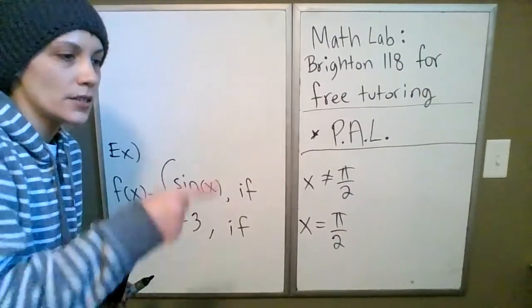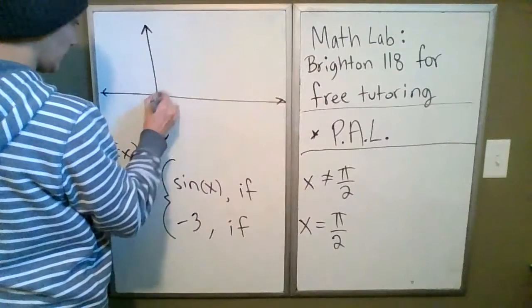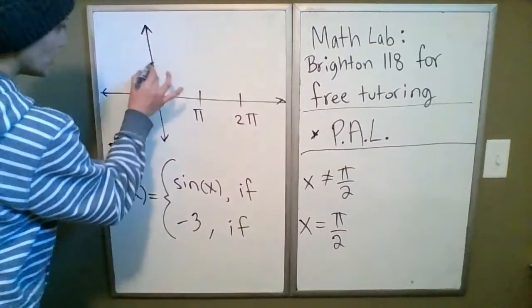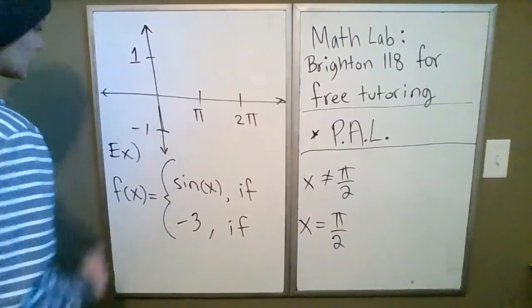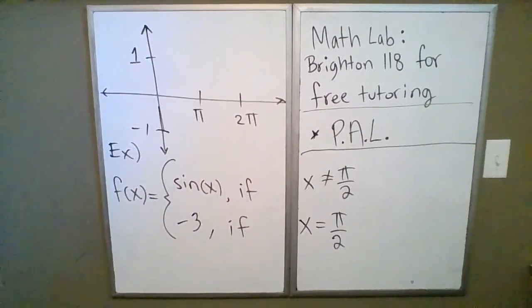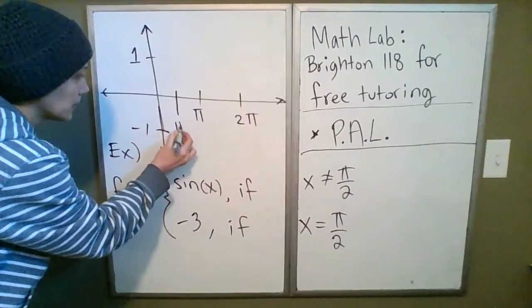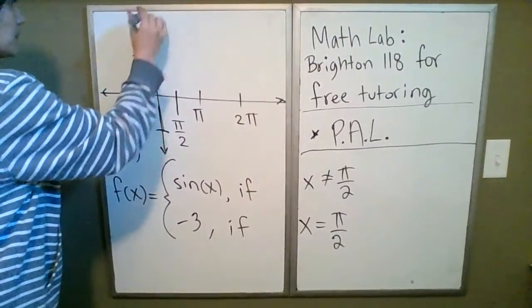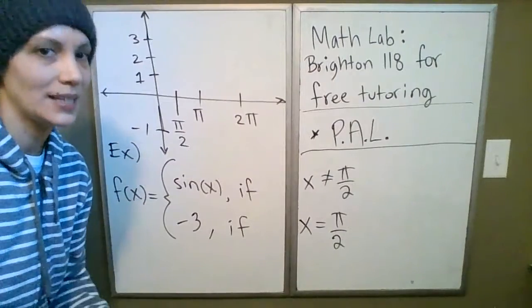Alrighty, we are going to start with just one cycle. The origin, pi, 2 pi. Height of 1 and down as low as negative 1. And at pi over 2, we want to go down to -3.